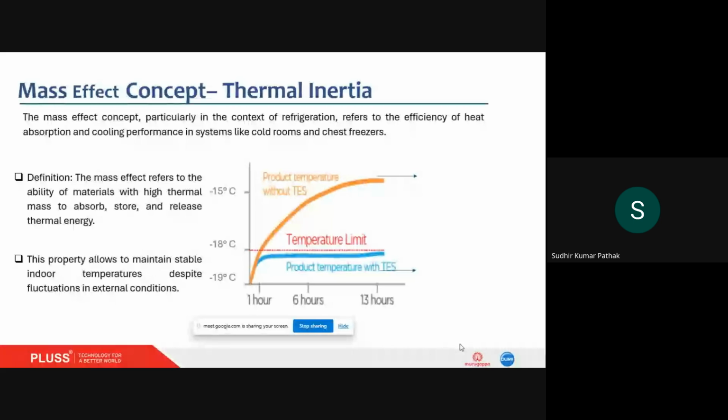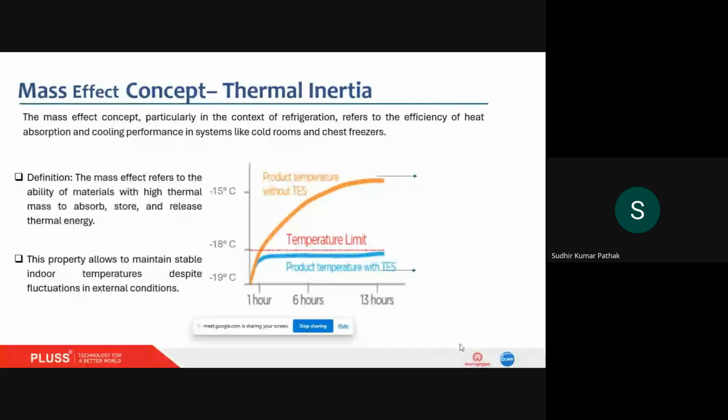And if our product maintenance range is somewhere between minus 19 to minus 18 degrees centigrade, and after some time the temperature rises, our product will lose its integrity.